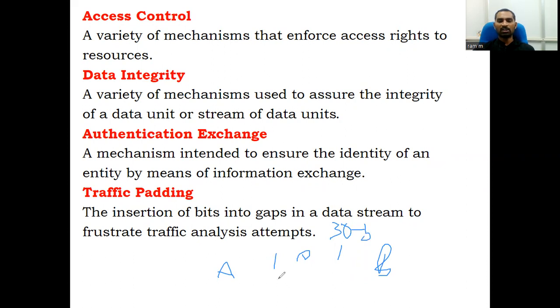But the position of the first bit I want to communicate to B will be at 5, the next bit at 10, the next bit at 15. These exact positions 5, 10, 15 are not known to the attacker. Along with these 3 bits, we pad it with 30 bits. Now, what does the attacker do?